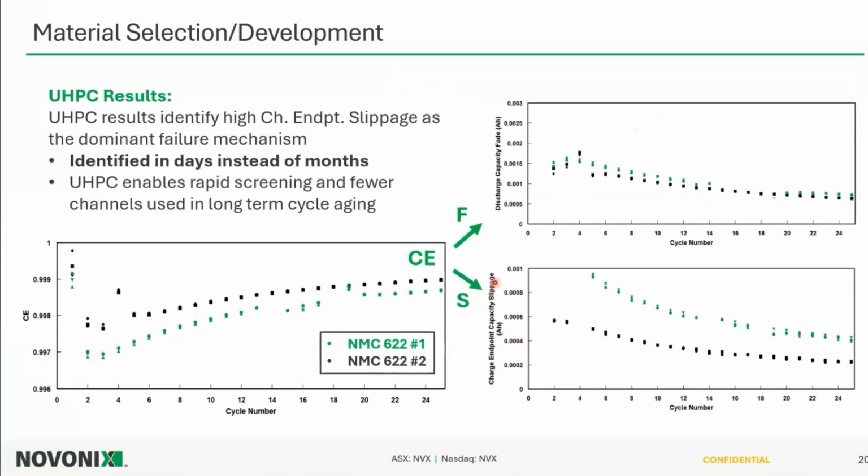But then the charge endpoint capacity slippage, the rate of it is almost double in NMC 622 number 1. So this means that there's double the rate of these slippage-based reactions happening, which are leading to things like electrolyte dryout or salt depletion in the electrolyte that are invisible to things like capacity fade. So this can have really big implications if we can see this happening early on.